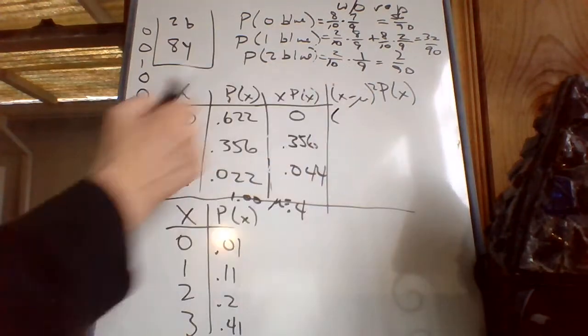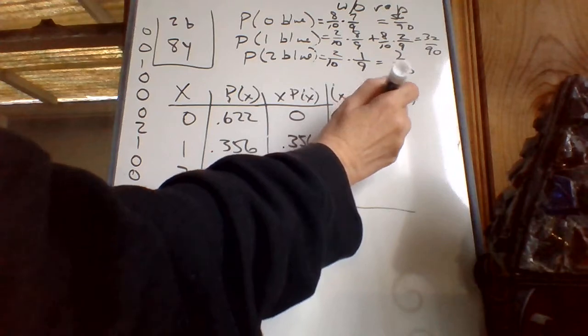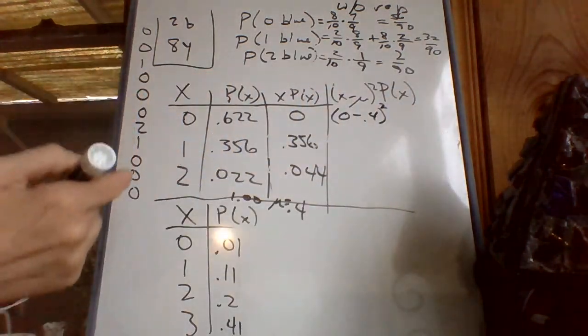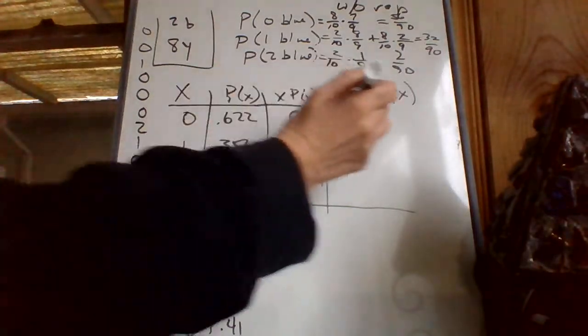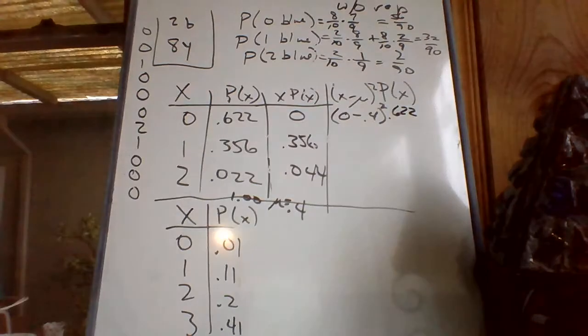All right, now the next column. Okay, x, well, that's my success column. 0 minus mu, that's my mean, squared, times p of x, that's the second column right there, 0.622. Okay, so I go 0 minus 0.4, which is negative 0.4, but then I square it, and when you square a negative number, you're going to come out with positive. So there shouldn't be any negatives in that column.